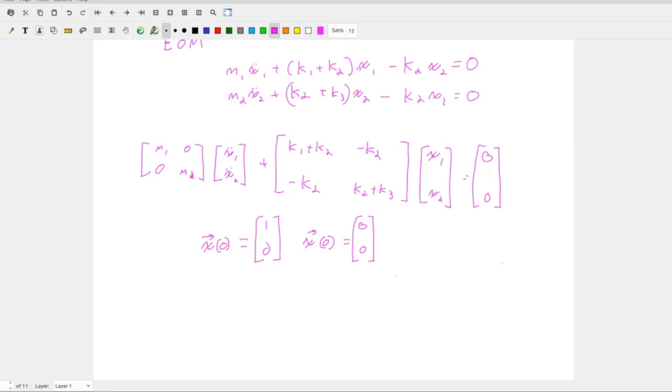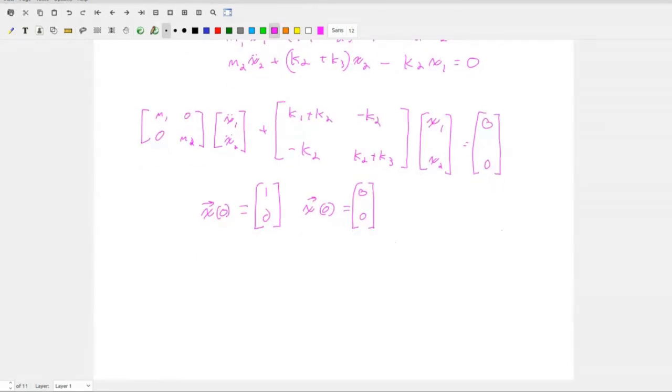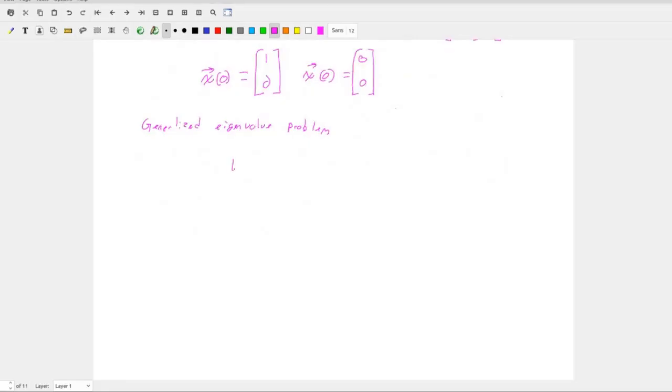So we can solve our eigenvalues using our generalized eigenvalue problem. Right, and that's going to be K matrix of eigenvectors is equal to lambda mass matrix of eigenvectors.